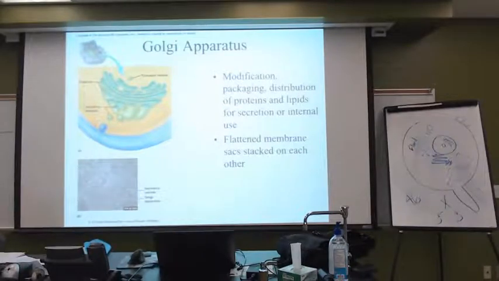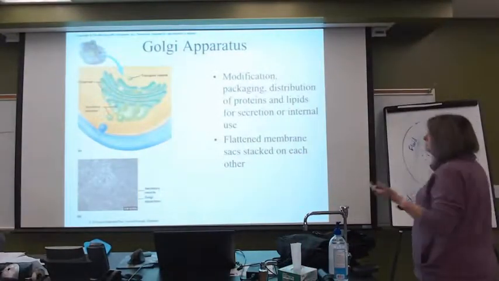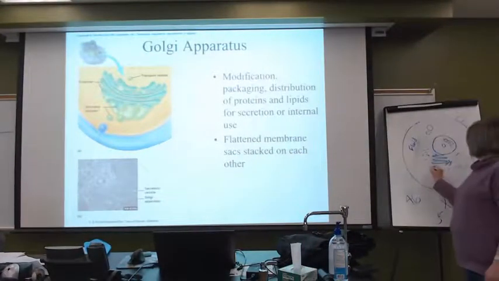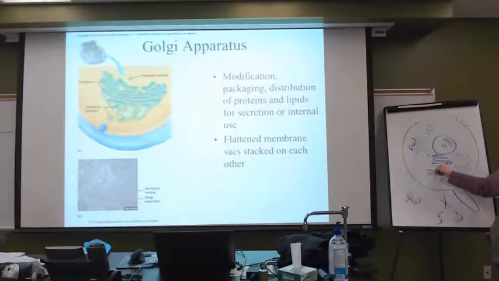The Golgi apparatus looks like pita bread. All right. Once a protein is made by the ribosomes attaching to the endoplasmic reticulum, the endoplasmic reticulum, because it has a double membrane, will wrap around that protein, transport it to the Golgi apparatus.